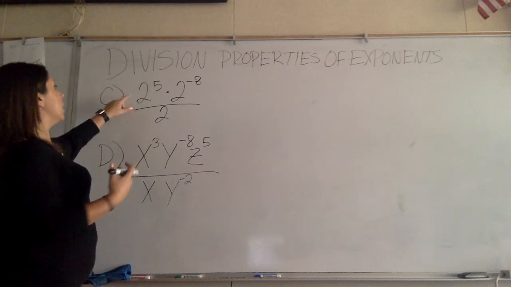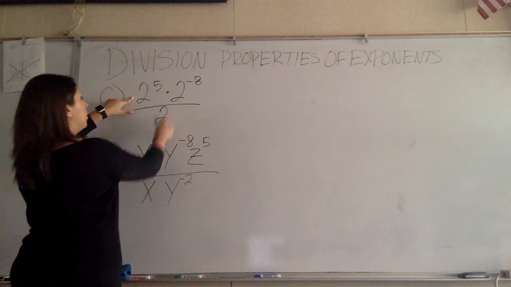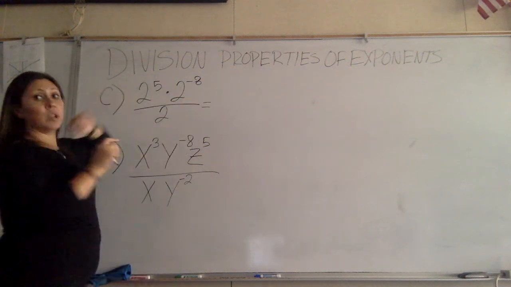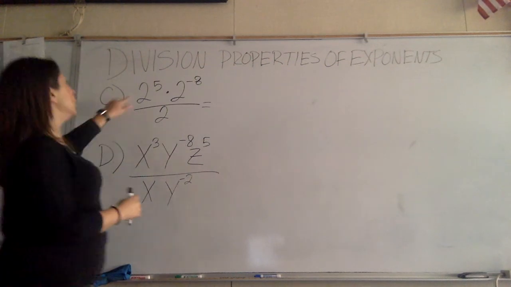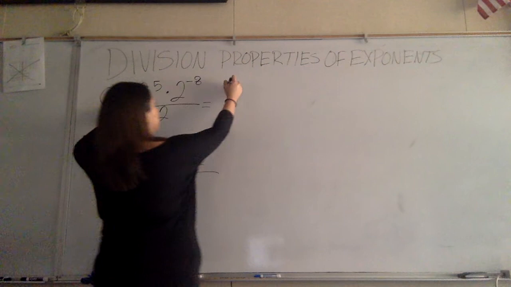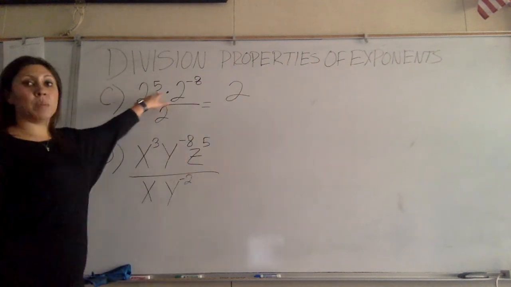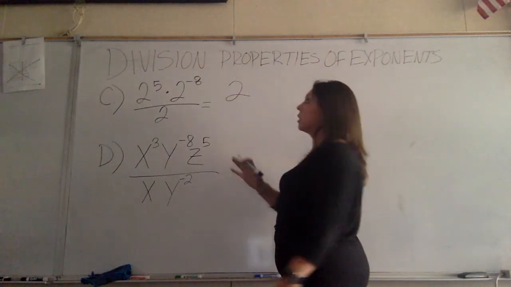All right, so think back. All my bases are the same. I'm going to do the top first, and then we'll look at it as a whole. On the top, I have the base of 2. I look at my exponents, and I do what with them? Think about it.